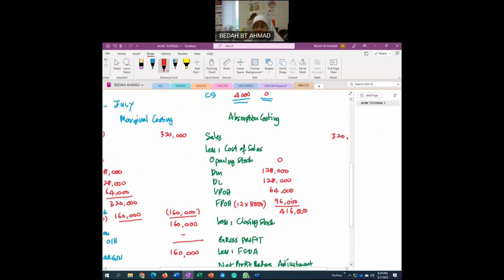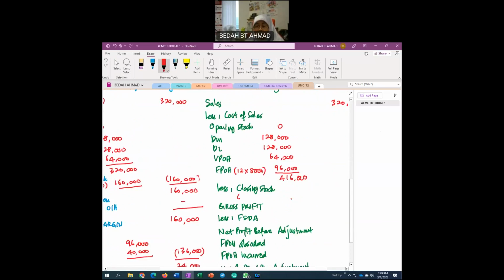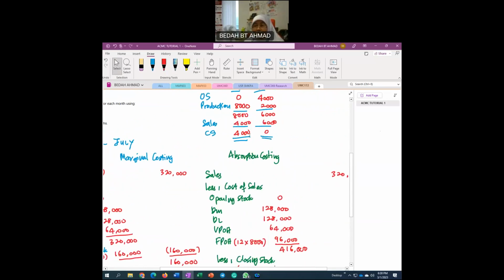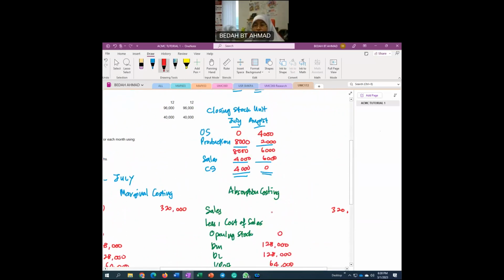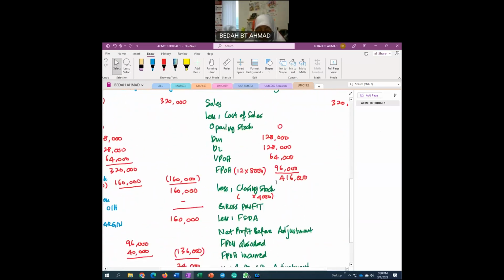And the closing stock. Our closing stock is 4,000 units, and our cost of production is 52, so multiplied by 52 it is 208,000. Transfer it here: 416,000 less 208,000 is 208,000.